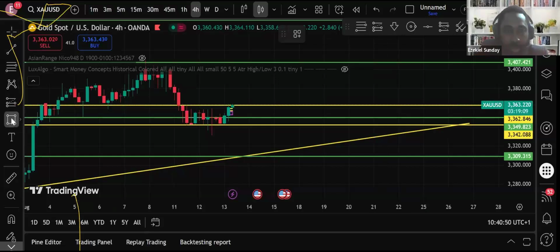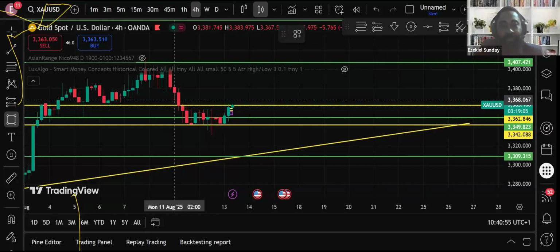Okay, sir. 33.64 to 33.67. So why what Mr. Eddie FX is talking about has not started yet is because the market is actually gravitating towards that imbalance, the bearish imbalance, which is the fair value gap.